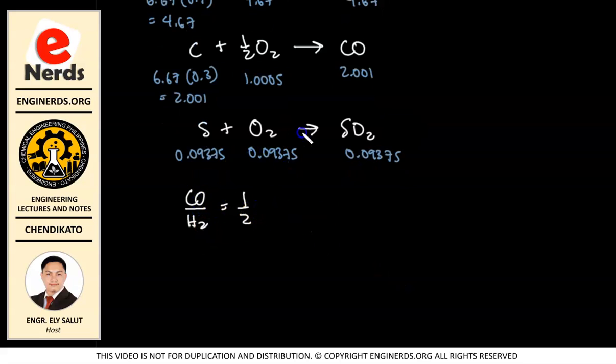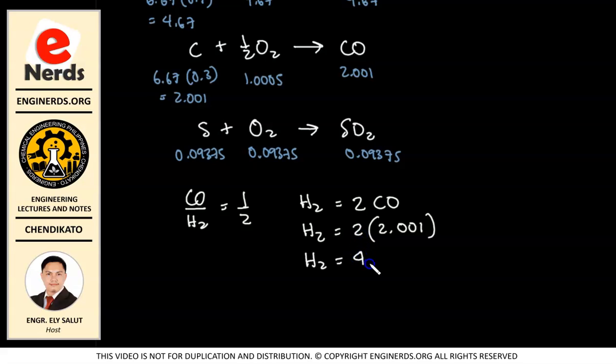So if we consider this ratio, H2 is equal to 2 times our CO, which is 2 times 2.001, so our H2 is equal to 4.002 in the exhaust.